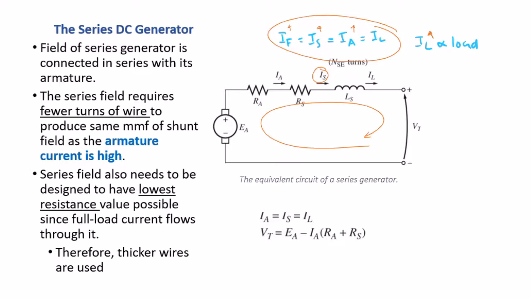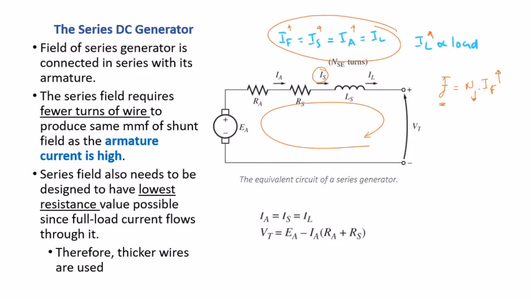This means the field current can be very, very high, and therefore, to generate the same MMF, you want to reduce the number of turns, and that's why with this type of DC generator, we use fewer turns of wire.